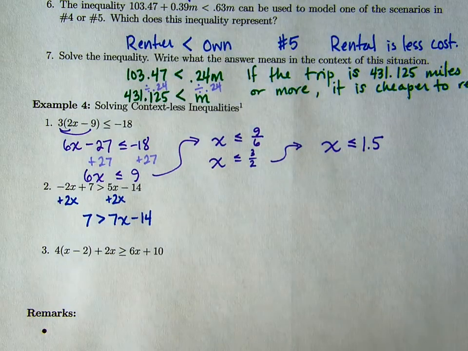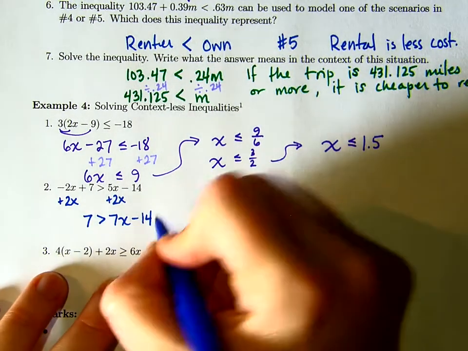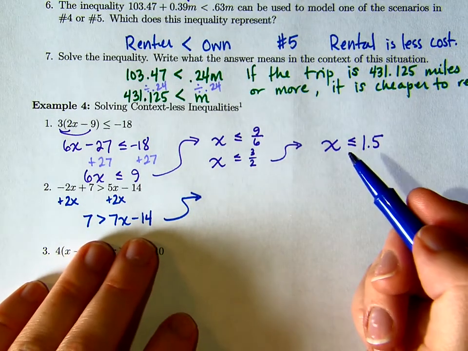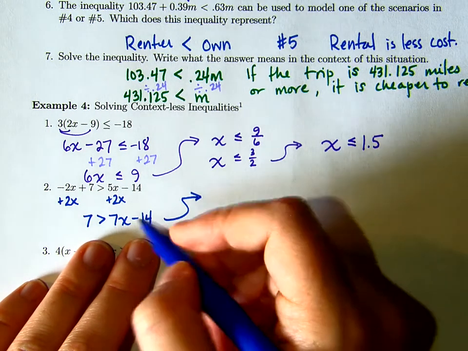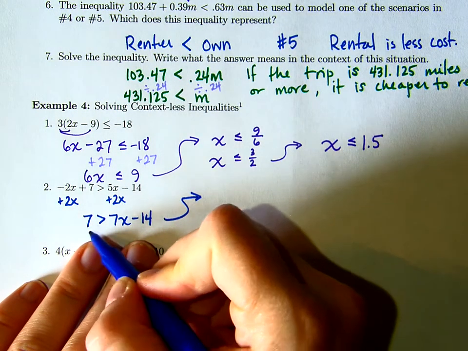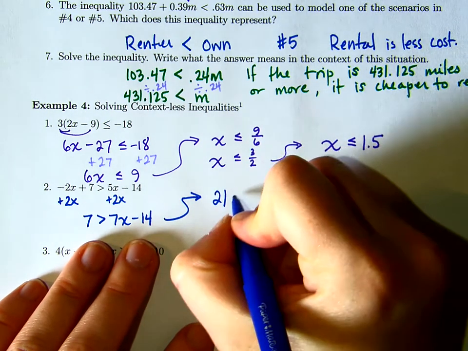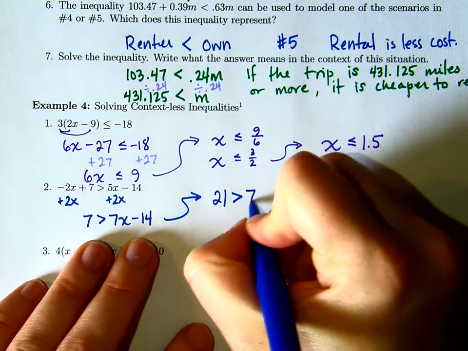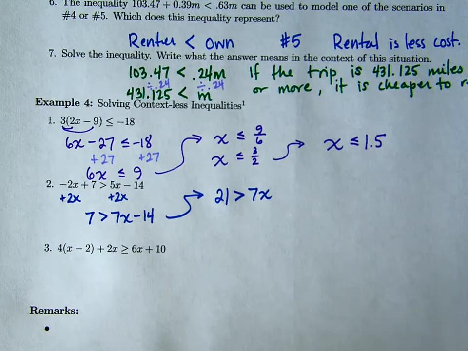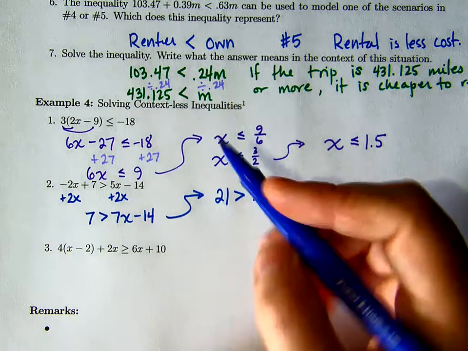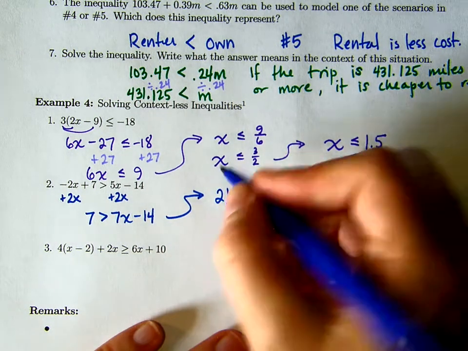Okay, I'm going to add 14 to both sides. Adding 14 does not reverse the inequality. So let's see, 7 plus 14, is that 21? Do not change the inequality. And now I'm going to scale down by 7. And because that's positive, again, I'm not going to reverse the inequality. 21 scaled down by 7 is 3.